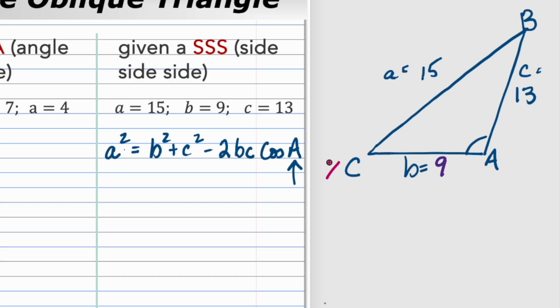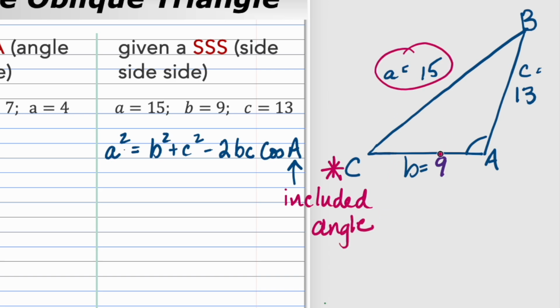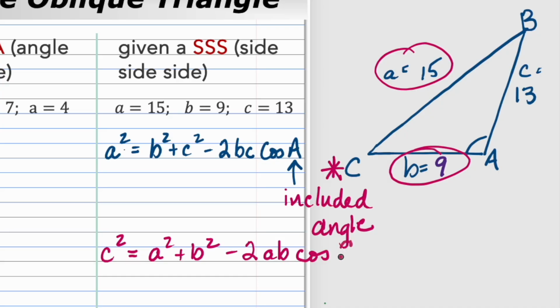If we want to find out angle C here, that's not corresponding, but let's think about A as being the included angle between two sides, A, B, like that. Really what we're plugging in is C squared equals A squared plus B squared minus 2AB cosine of C. But you don't need to think about those letters, just think about included angle.